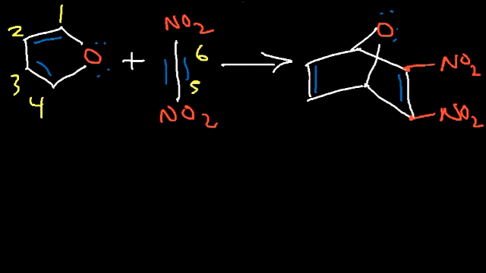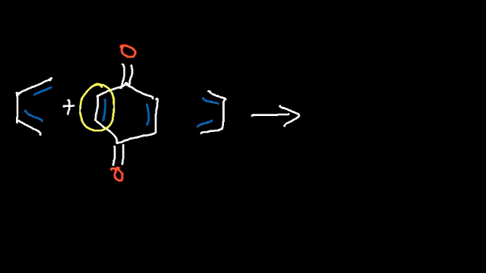Now, what about this example? Let's say if you have something that looks like this. What do you think the major product is going to be? So notice that we have like a double Diels-Alder reaction on the left and right side. So this is the diene for the dienophile for the left side, and this is the dienophile from the right side.